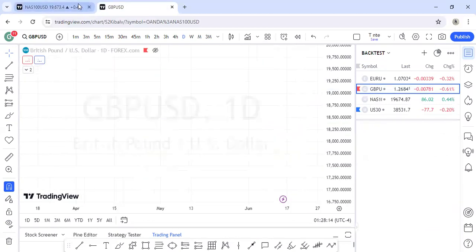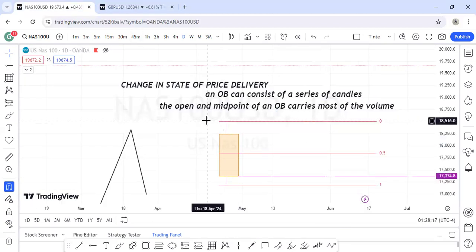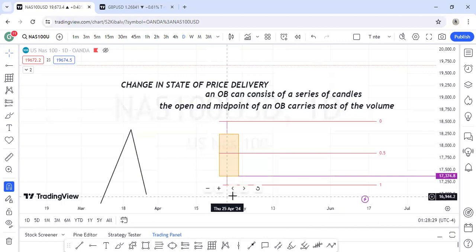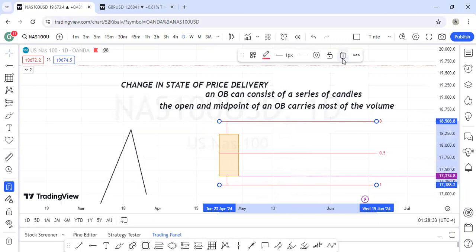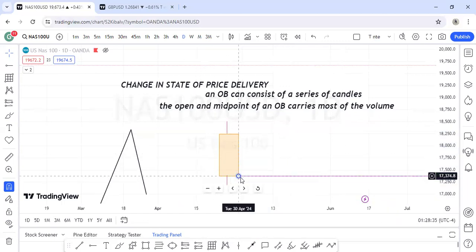That being said, let us talk more about order blocks. Order blocks help you know where the change in the state of price delivery happened, and we expect price to mitigate order blocks. So our entries are usually when price comes back to tap into the order block. Now, when is an order block printed? An order block is printed simply when price closes below the candle.